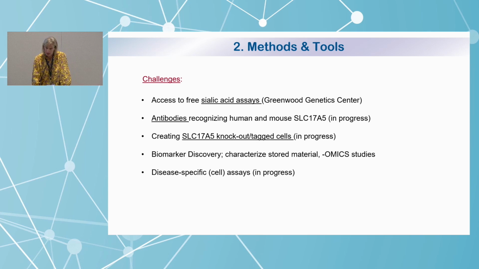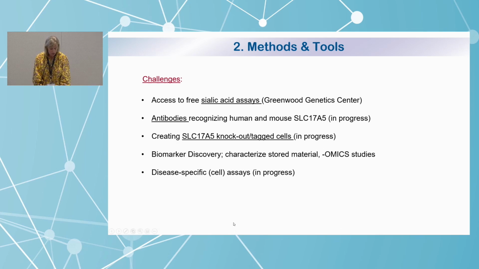So Greenwood Genetics Center, also part of our consortium, received a grant from the Star Foundation to perform free sialic acid assays at no cost for all consortium members, a great help, a great step forward.